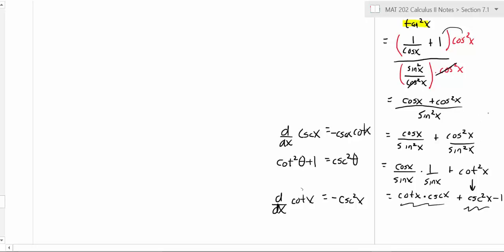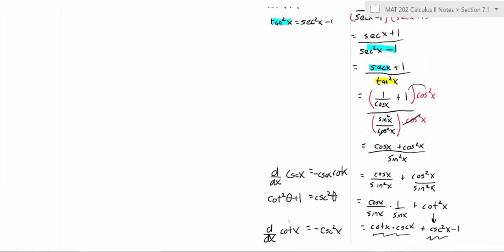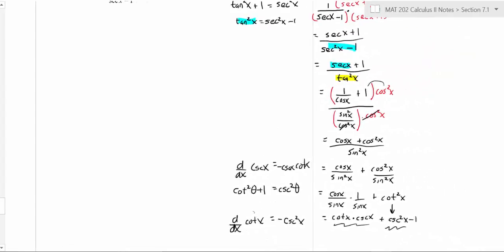All of that trig manipulation is basically just playing around with this until you get something that will match up with one of the rules. So we're going to rewrite this as the integral of cotangent x cosecant x plus cosecant squared x minus 1 dx. That's what we're going to work with.